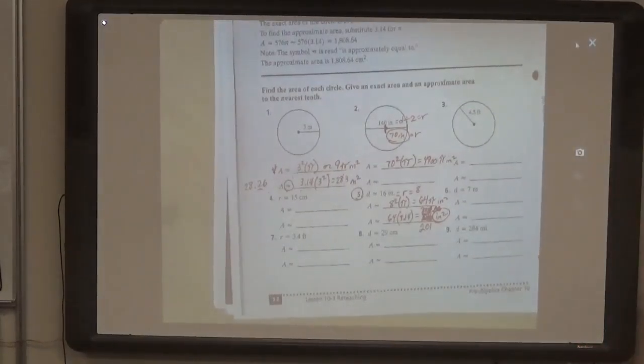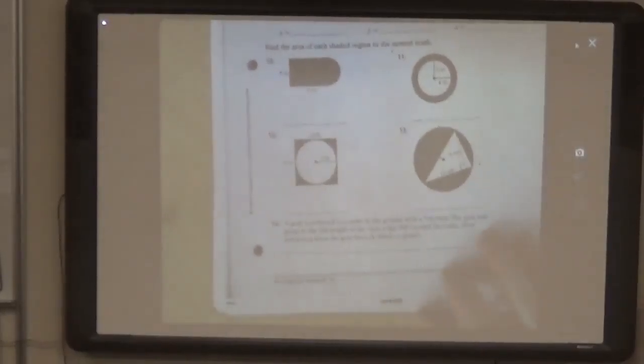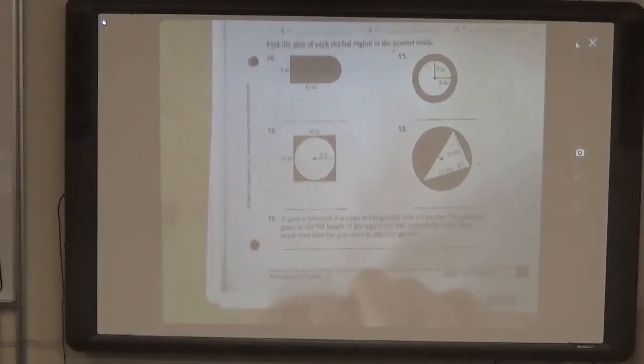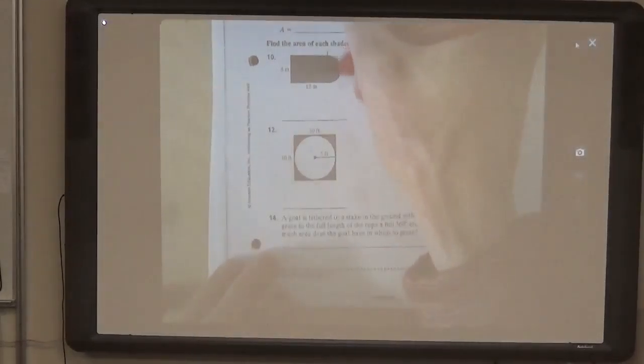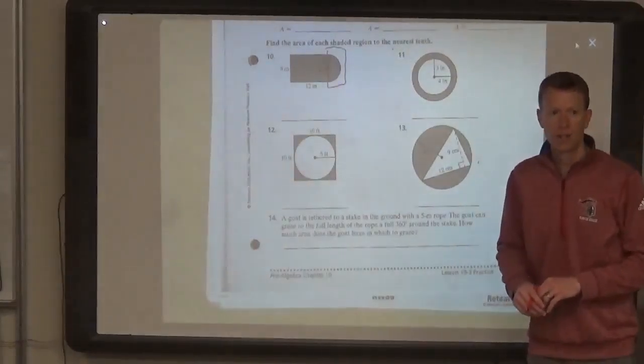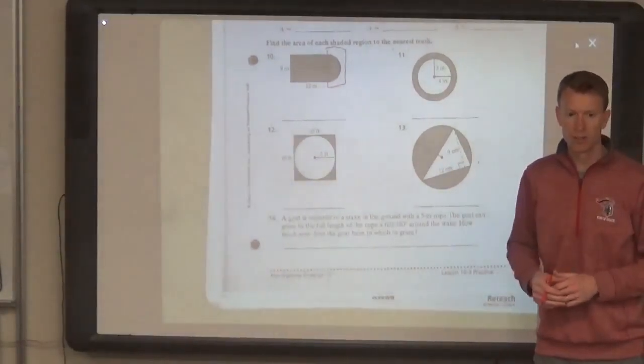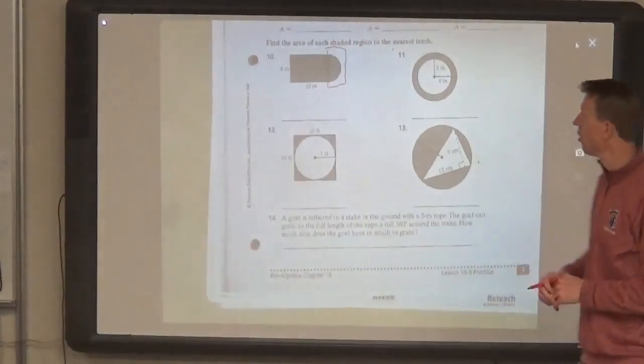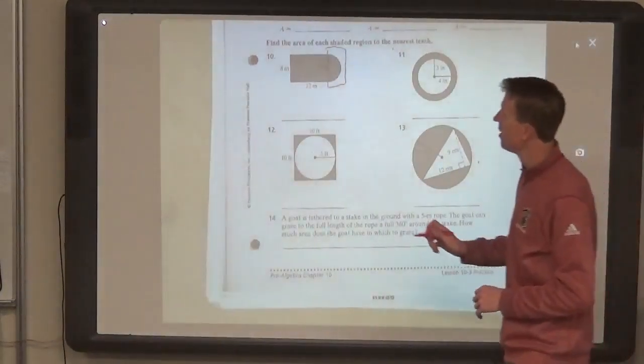How about on the back side? This one has some shapes where you have to find, for example, number 10. Let's go through number 10 real quick. What is this part of the shape? It's a half circle. You have to find the area of the circle and then divide it by 2. So the diameter is 8.